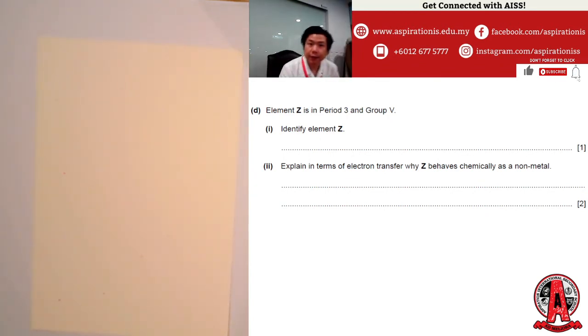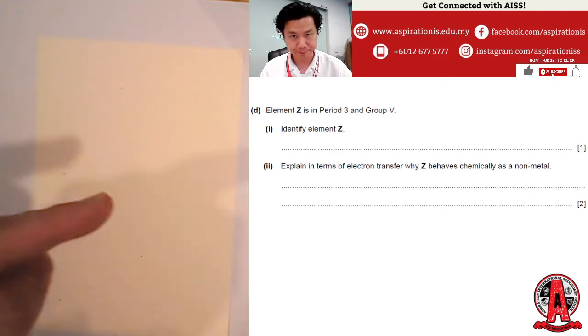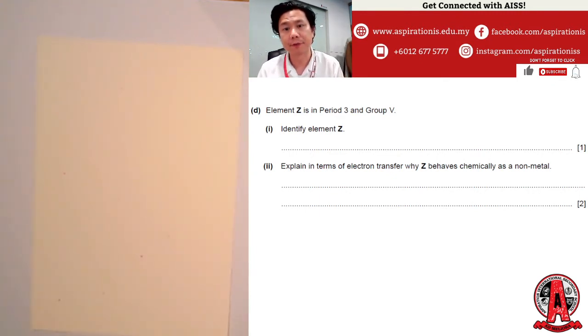For this question, you will need the periodic table, and you can get the periodic table from any chemistry textbook, right? Period 3, period refers to the horizontal rows and group refers to the vertical row.